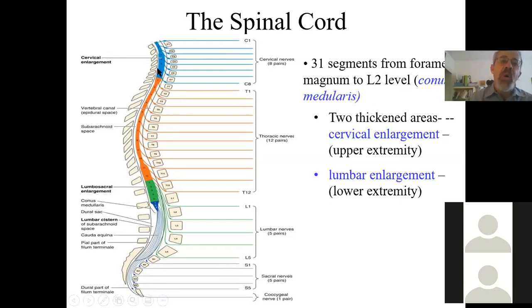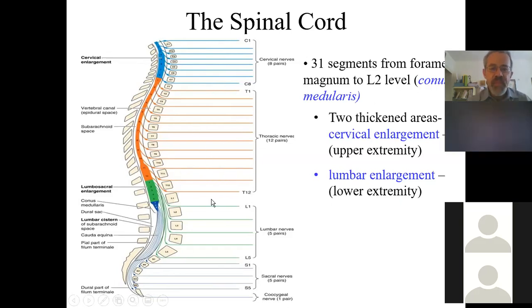And number-wise, you can see that we have 8 nerves associated with the cervical region, 12 nerves associated with the thoracic region, 5 nerves associated with the lumbar region, 5 with the sacral, and then 1 with the coccygeal.